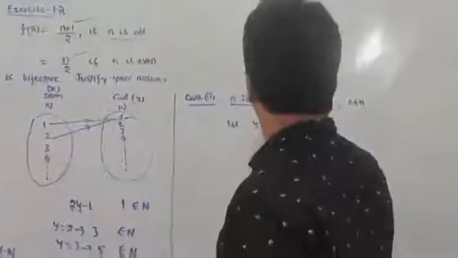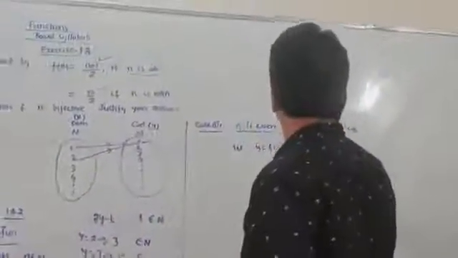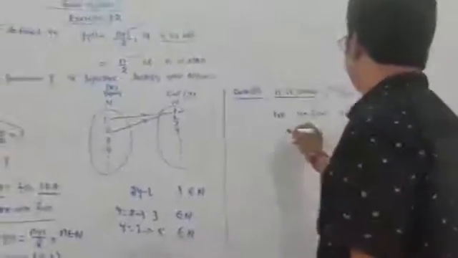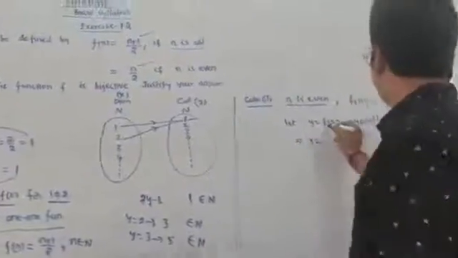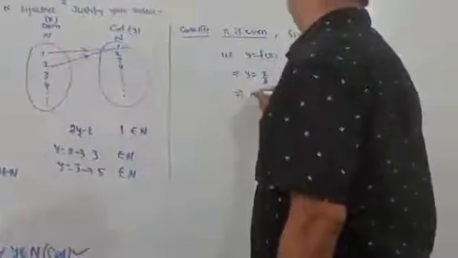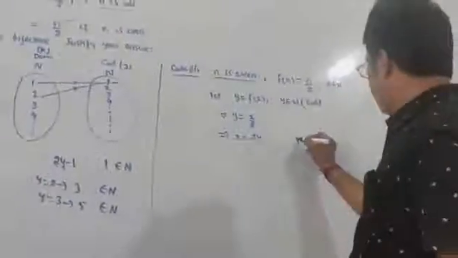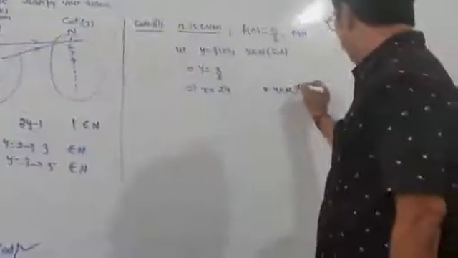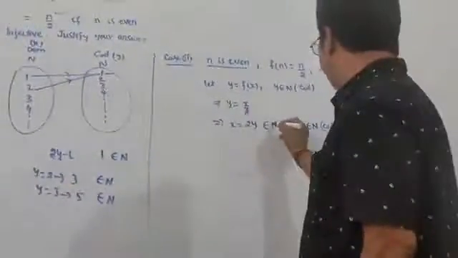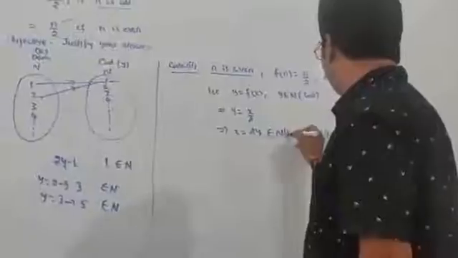Let y equal to f of x. y belongs to N. N means here codomain. That implies y equal to f of x. f of x means x/2. So that implies x equal to 2y. So for all y belongs to natural number, which is codomain, x is again natural number, which is domain.